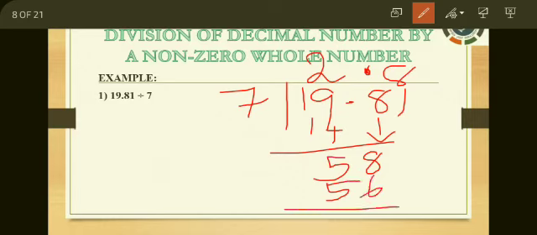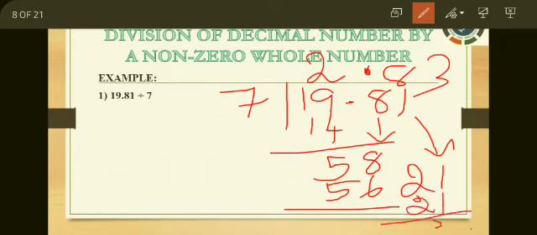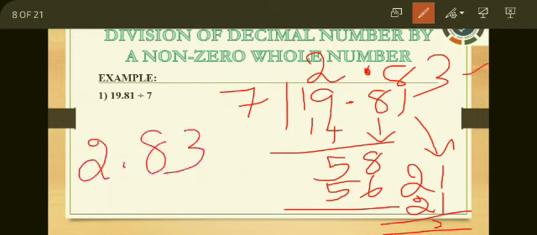So what is the remaining number? 2. The next digit is 1, so 21. 21, how many times 7? 3 times. 3 sevens are 21. 21 minus 21, the answer is 0. So 19.81 divided by 7, the answer is 2.83.